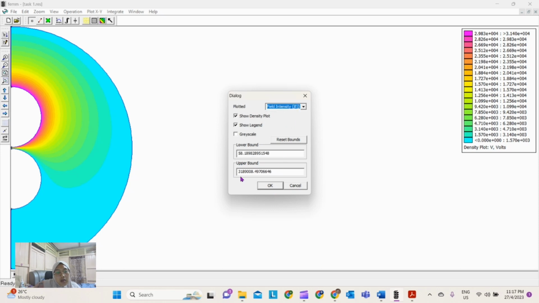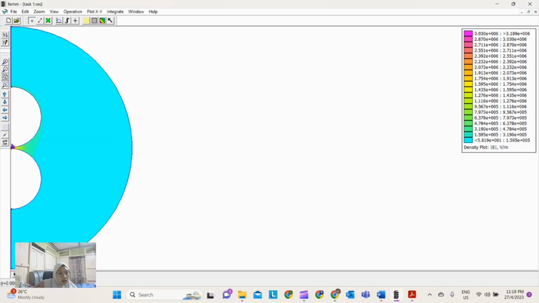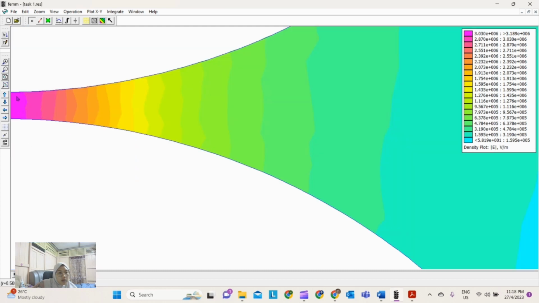Here we can see the upper bound is the maximum field intensity for this problem. As you can see, this is the highest field intensity in this part.